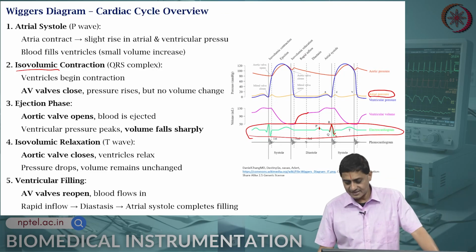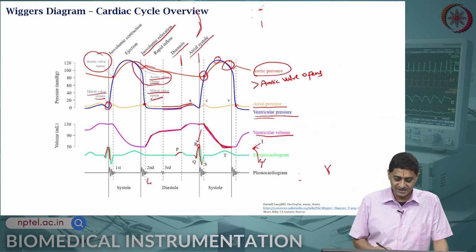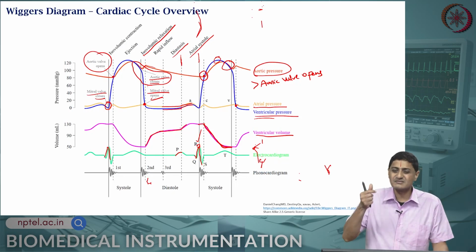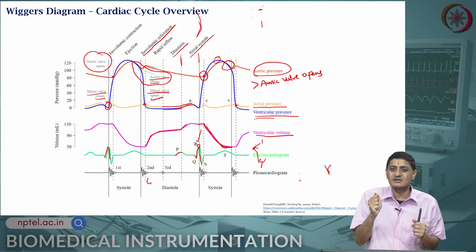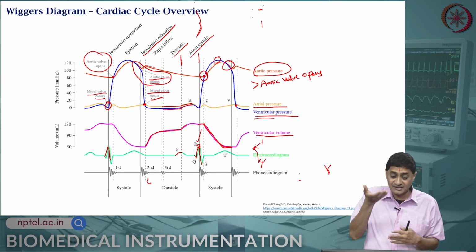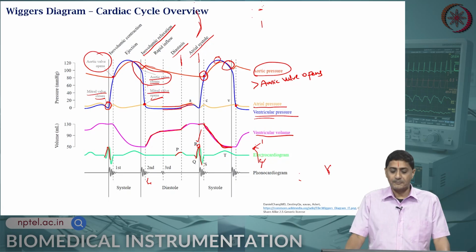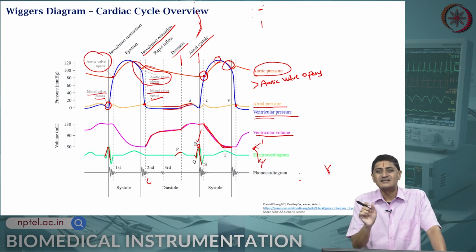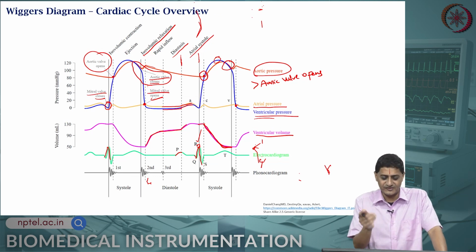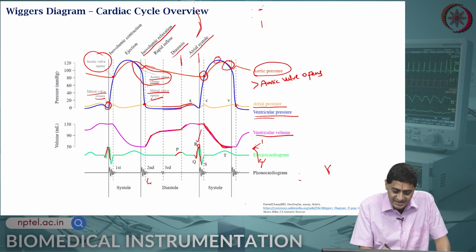then there is the P wave that happens. The P wave causes a contraction of the atrium. When the atrium contracts, it further increases the atrial pressure, thus finishing up whatever little more blood needs to be filled, leading to a further increase in the volume.